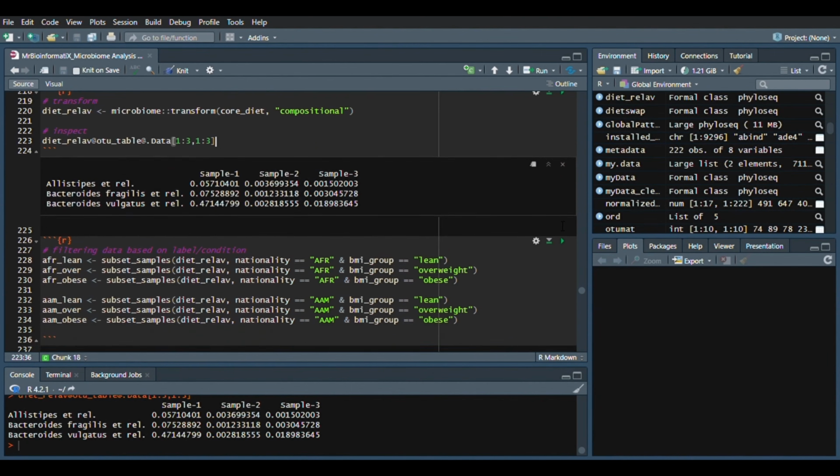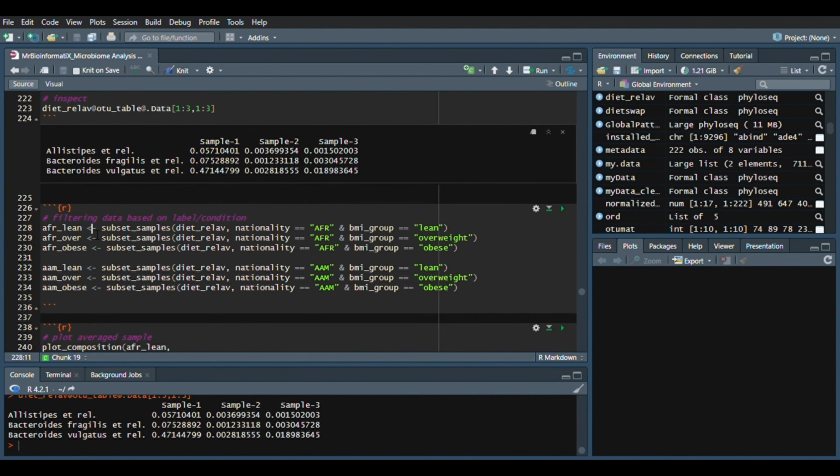So, for the African lean, subset samples, diet relative, nationality African, BMI group lean. We make the same for overweight and for obese, and the same for African American, for lean, overweight, and obese group. Let's run our code.